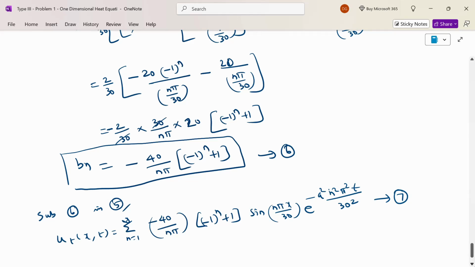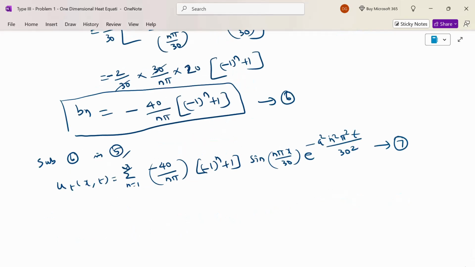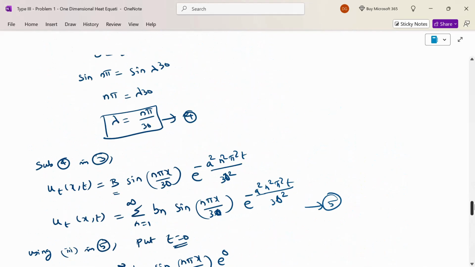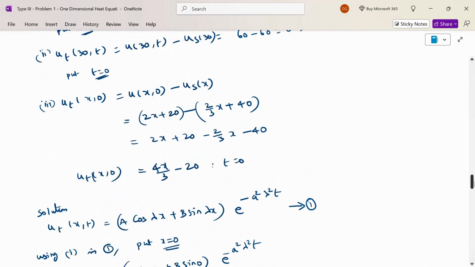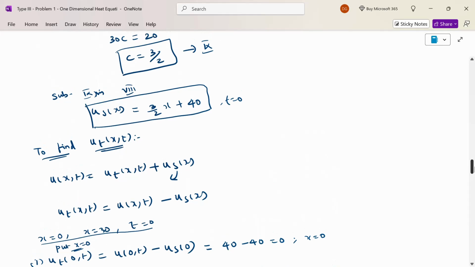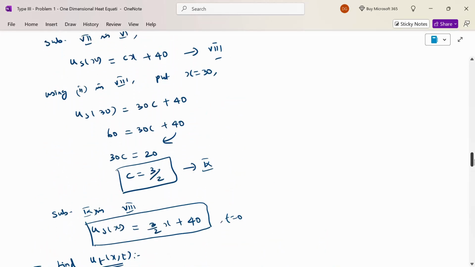Actually this answer is nothing but ut of x comma t, but what value are we going to calculate? U of x comma t. So what is u of x comma t? It is ut of x comma t plus us of x. Therefore equation 7 and the us of x value, this is us of x, I'll consider 10.